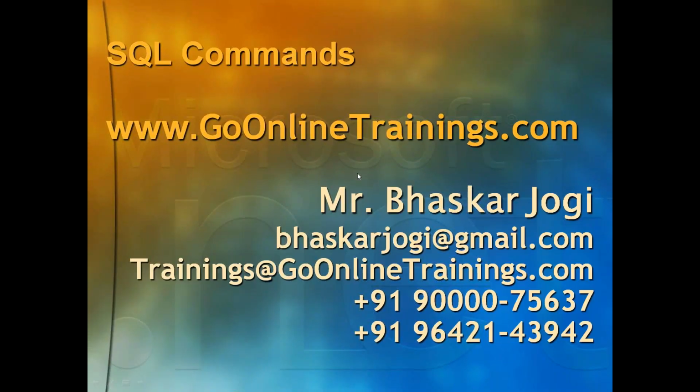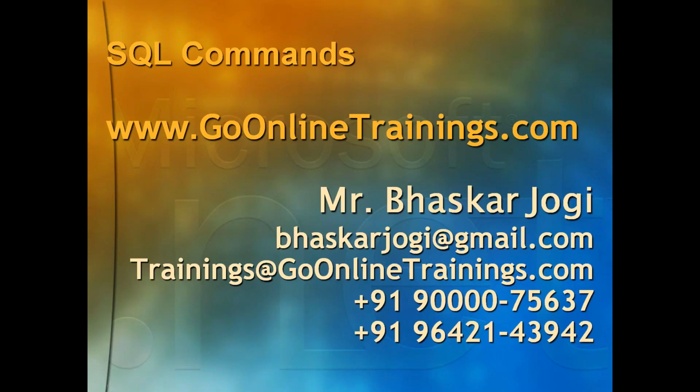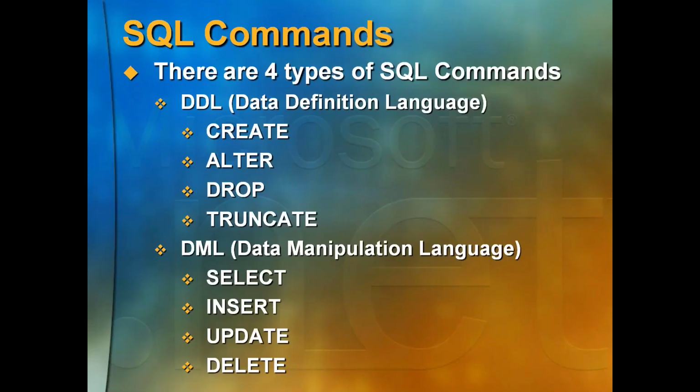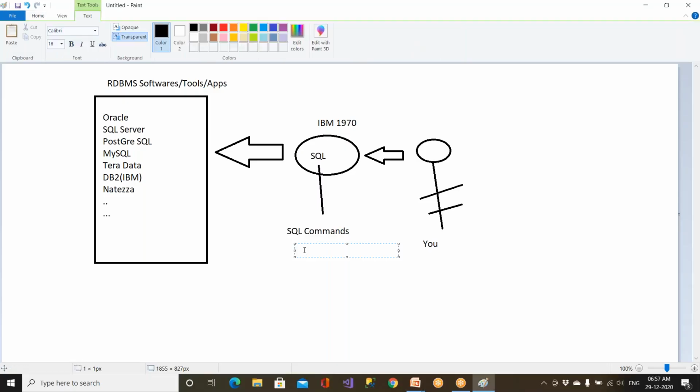So we are going to learn SQL commands from today. Clear? So what are the commands that we have? There are four types of commands in SQL: DDL commands, DML commands, TCL and DCL.